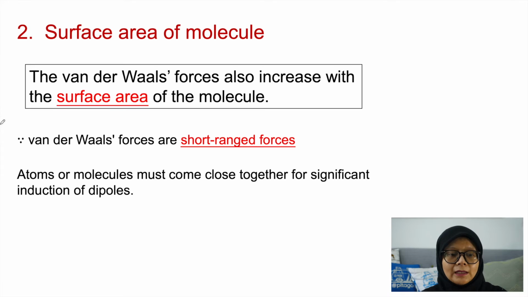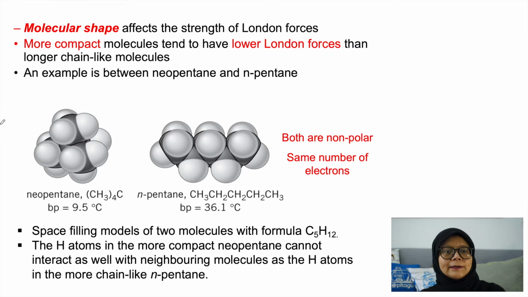These forces are short range forces, so atoms and molecules must come close together for significant induction of dipoles. Here the molecular shape affects the strength of London forces. More compact molecules tend to have lower London forces than longer chain-like molecules.